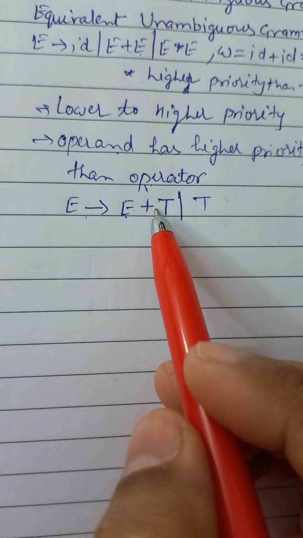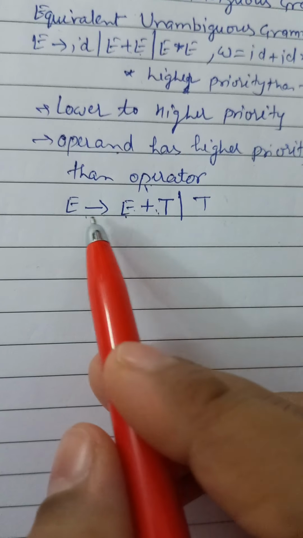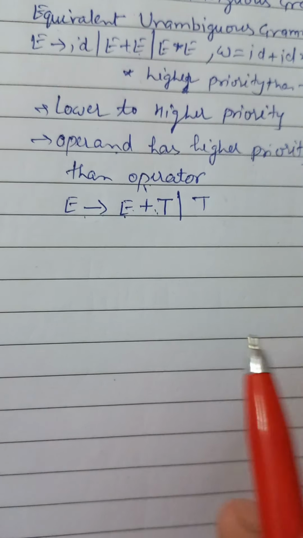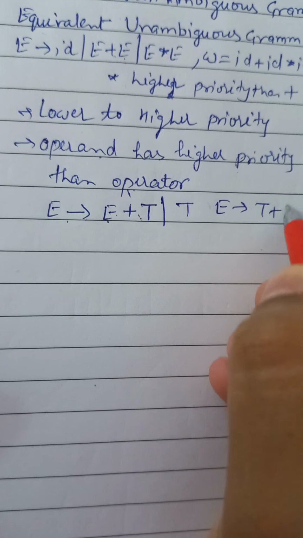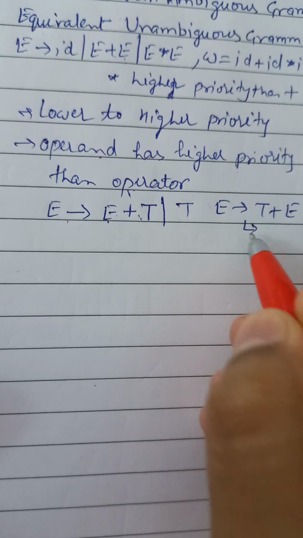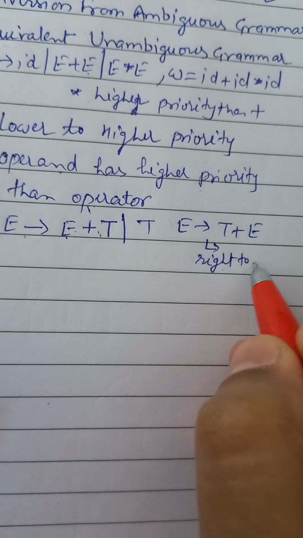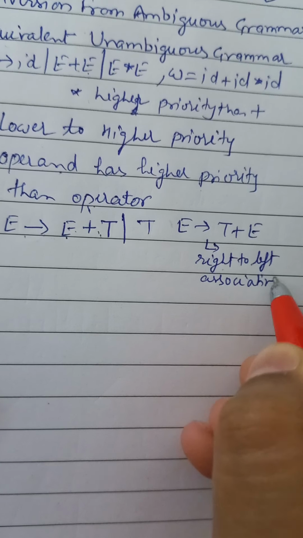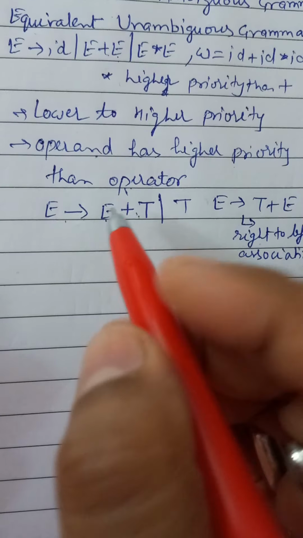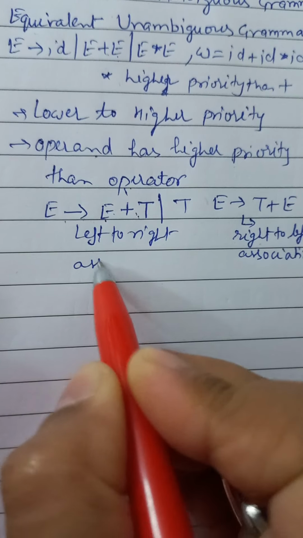This is left to right associative, because we are writing E tends to E plus T. We are not writing E tends to T plus E. If we write E tends to T plus E, then this is right to left associative. But here we are taking E tends to E plus T, that's why it is left to right associative.